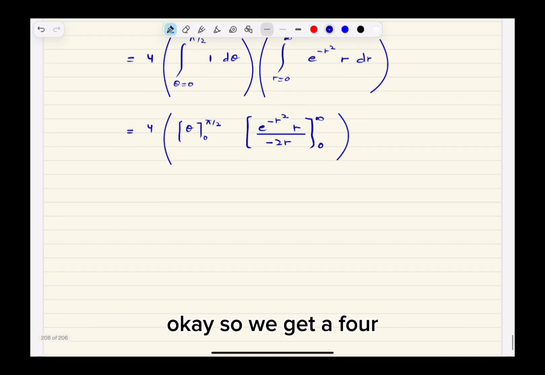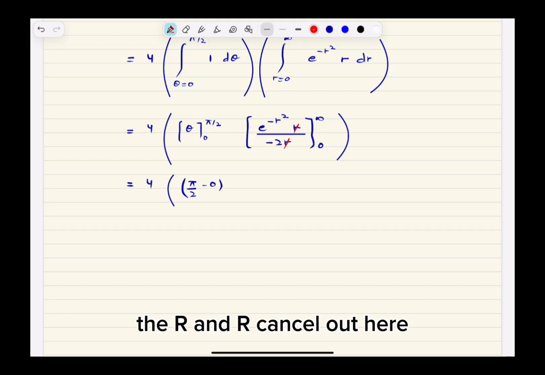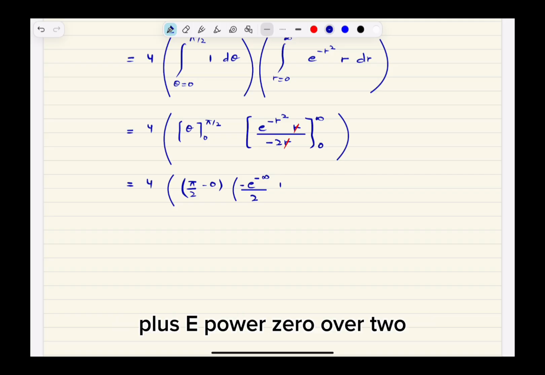Okay, so we get 4 times pi by 2 times, minus 0. The r and r cancel out here. e to the minus infinity over minus 2, plus e to the power 0 over 2.